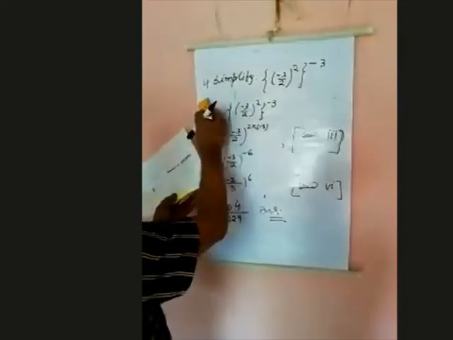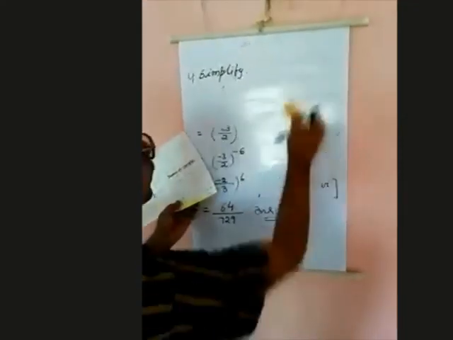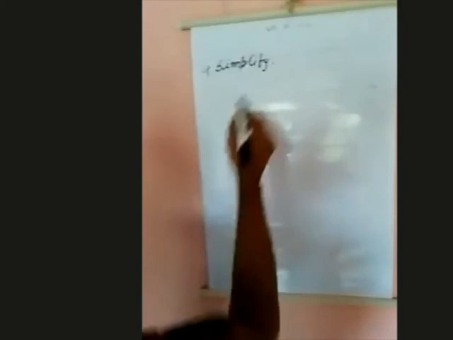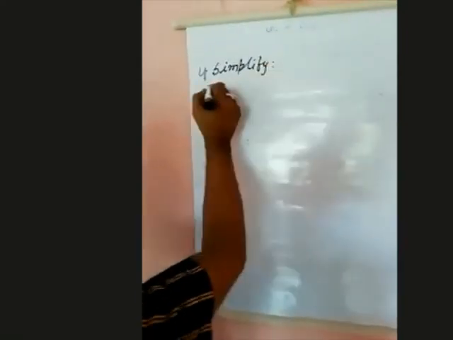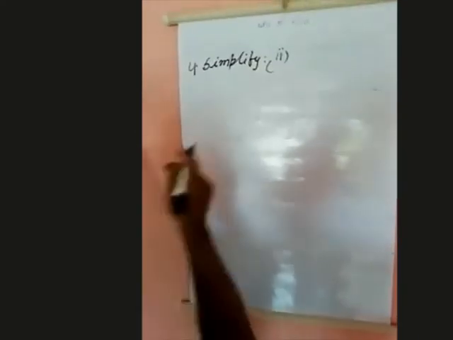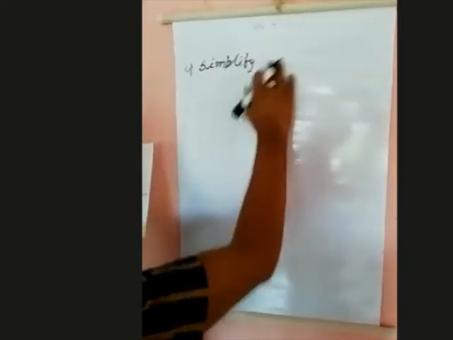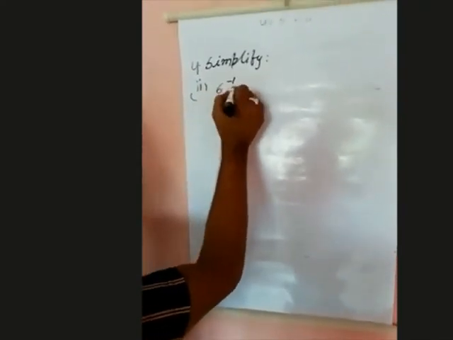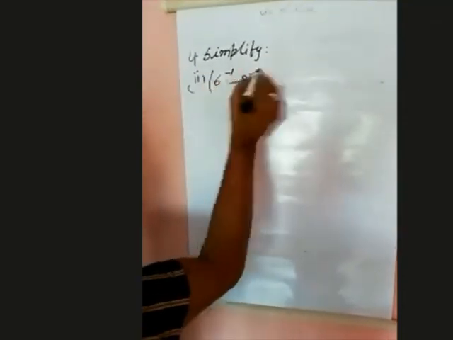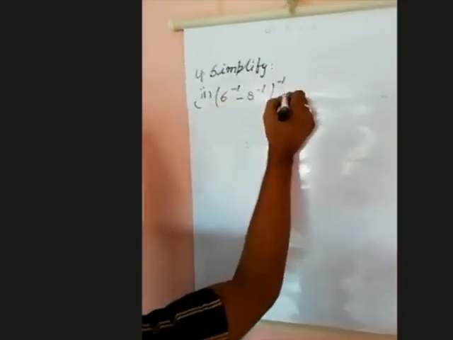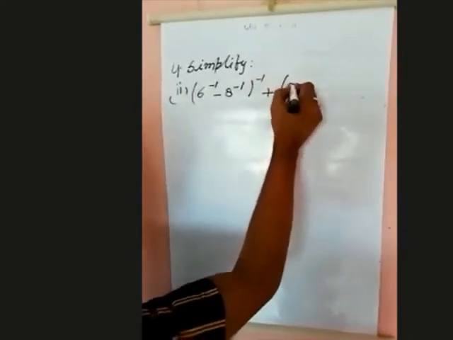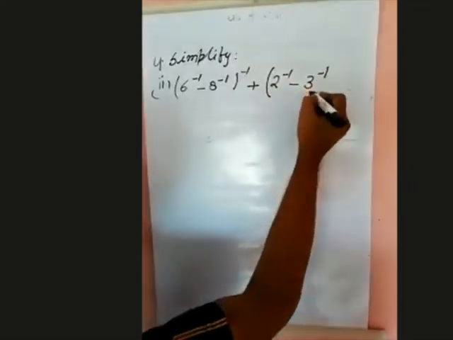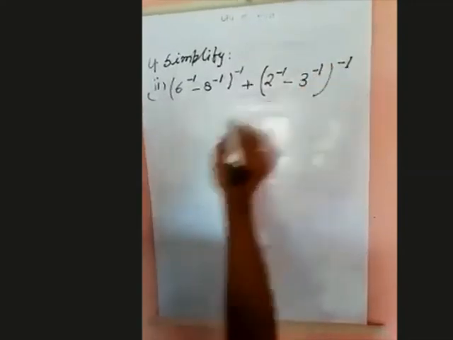The second: (6^-1 - 8^-1)^-1 + (2^-1 - 3^-1)^-1. Solution.